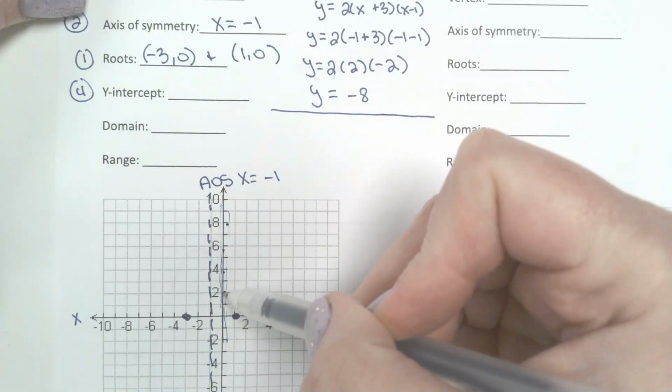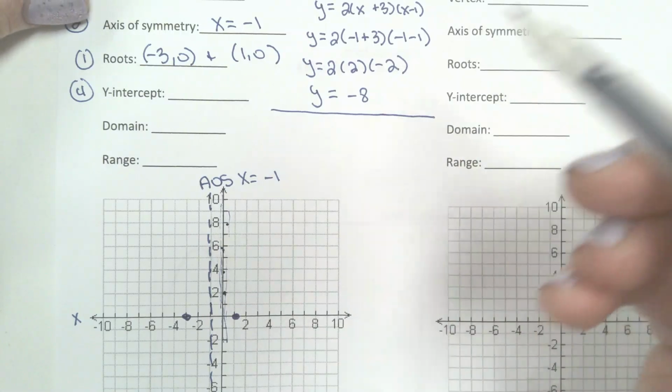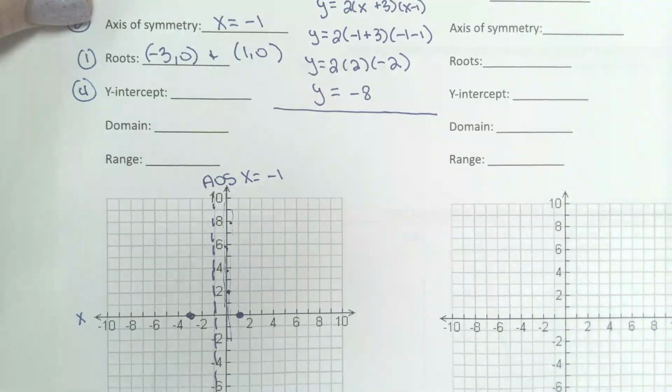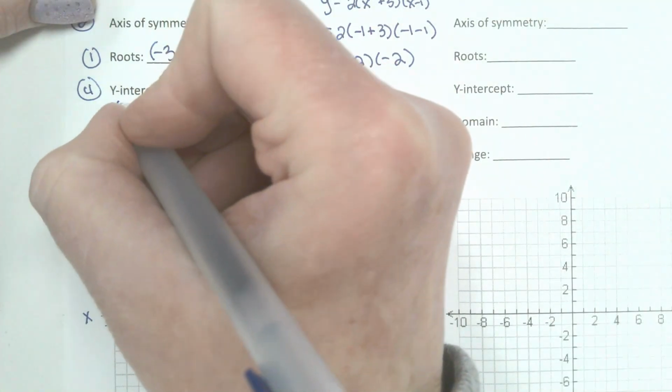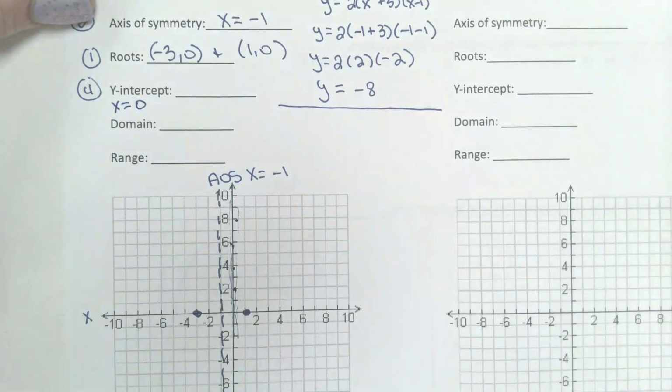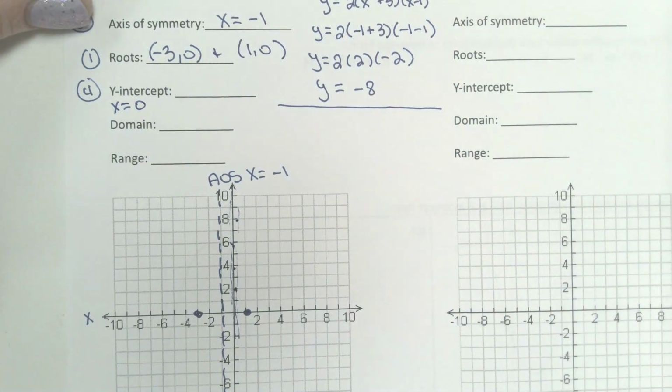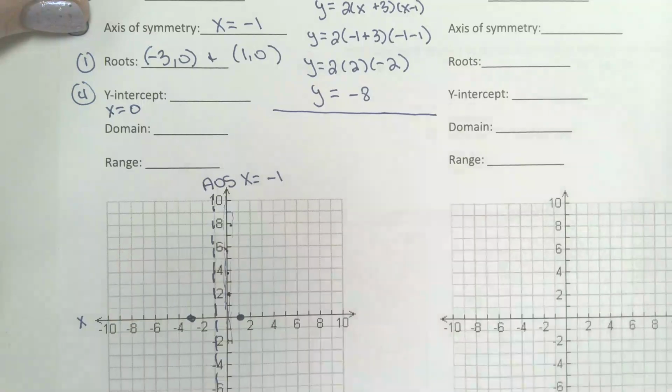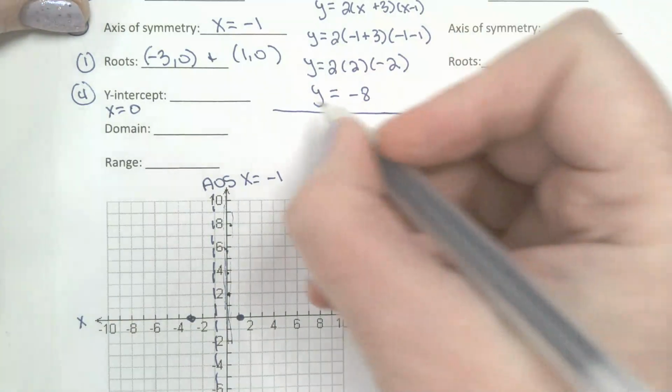So I have 0, 2, 0, 4, 0, 8. When I want to find the y-intercept, I'm going to set x equal to 0 in my equation, run the numbers, and that's how you find the y-intercept.